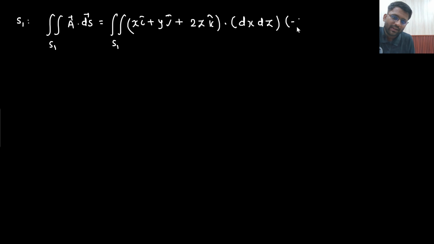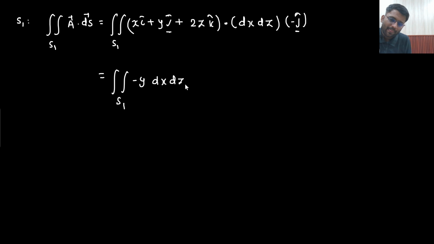Dx dz minus j cap. So basically dot product is there, so j cap will be multiplied with j cap only. So what you will be getting? For S1 I am getting, sir, minus sign will be there, minus y dx dz. This is what you will be getting. This is what we are supposed to calculate.